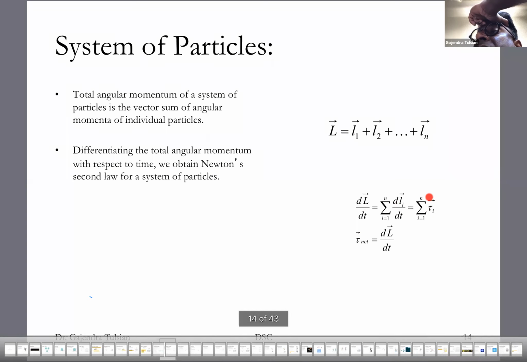So if you sum up all the torques acting on all the particles, that's the net torque acting on the system. So this equation, just like Newton's second law that applied to a single particle and a system of particles, applies to a single particle or a single object and a system of particles.